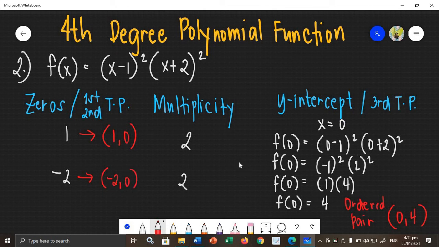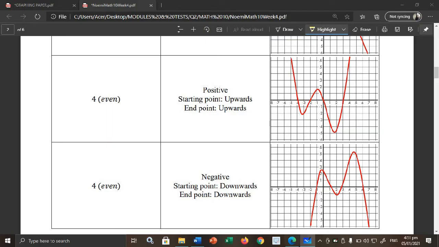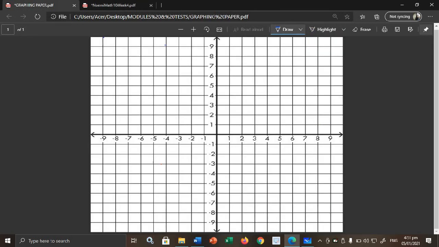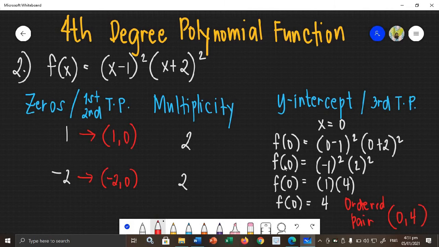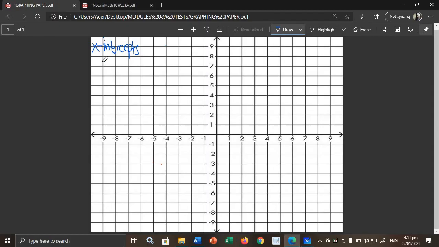Now that we have these values, we can now sketch the graph of this given fourth degree function. So I'm just going to write the x-intercepts. Okay? So dalawa lang yon. So we have 1, 0, -2, 0.